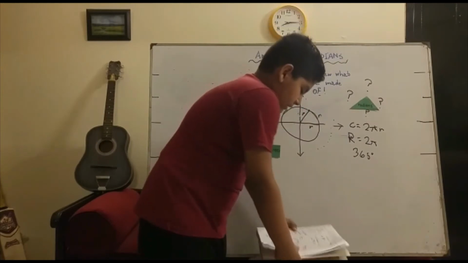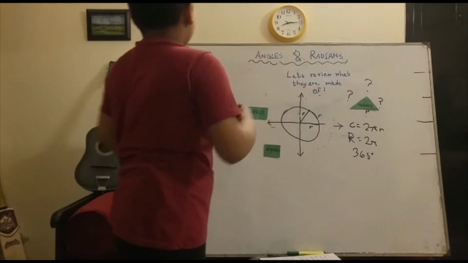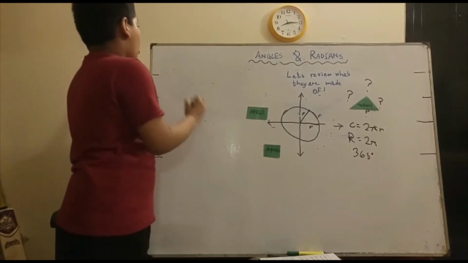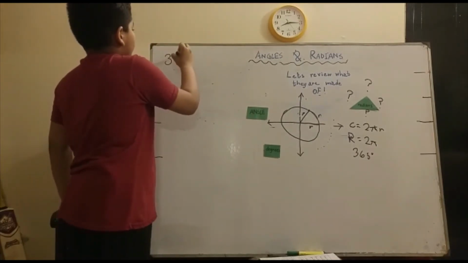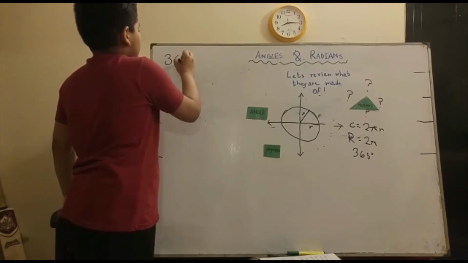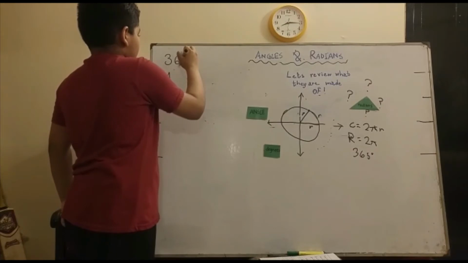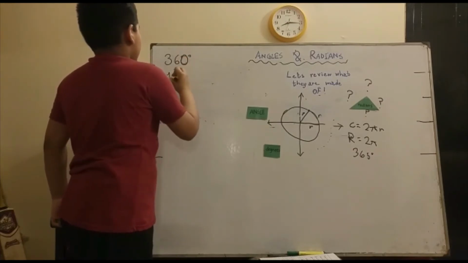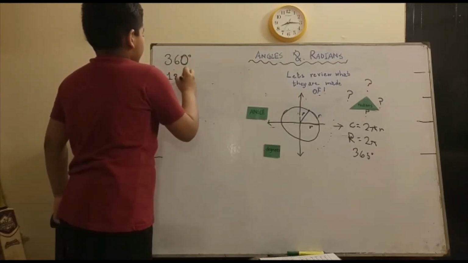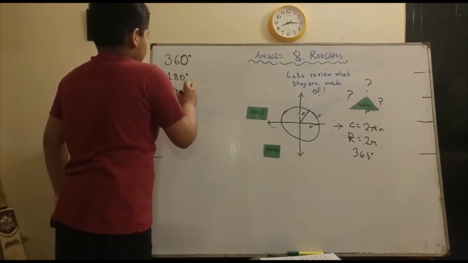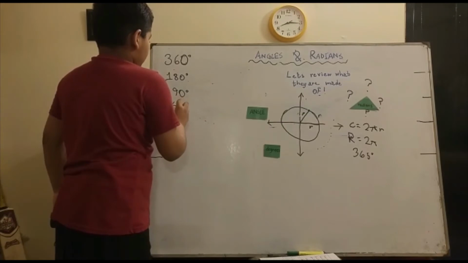So now what? Let's see some important degrees and convert them into radians. So 360 degrees, 180 degrees, 90 degrees, and 45 degrees.